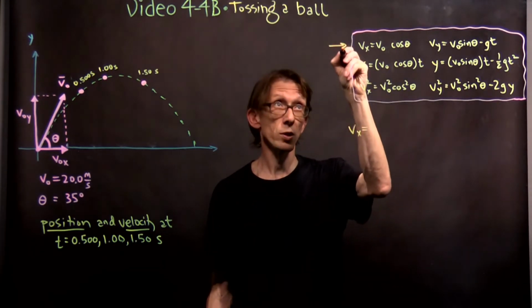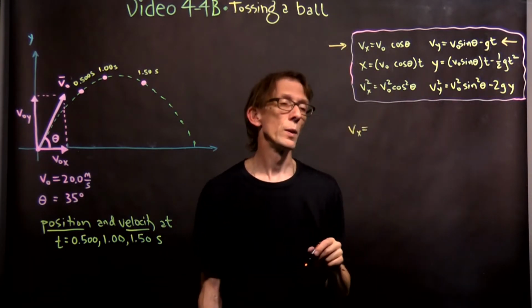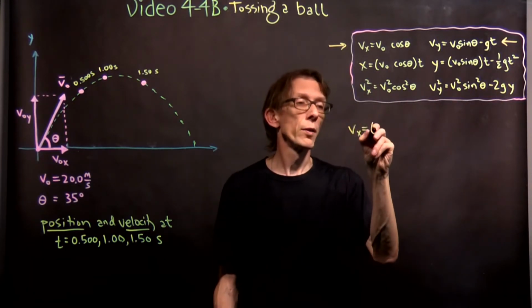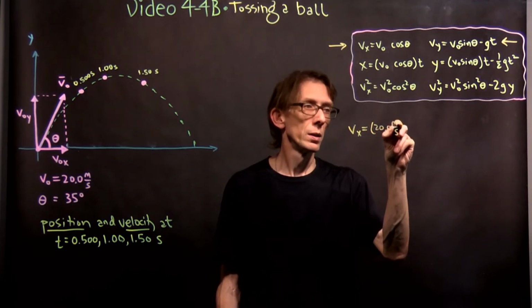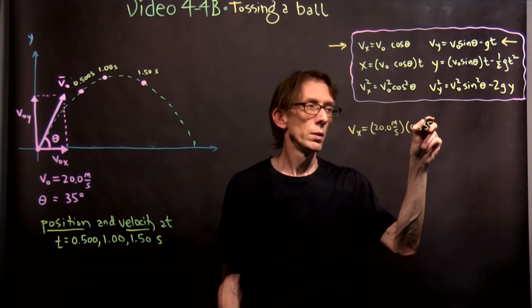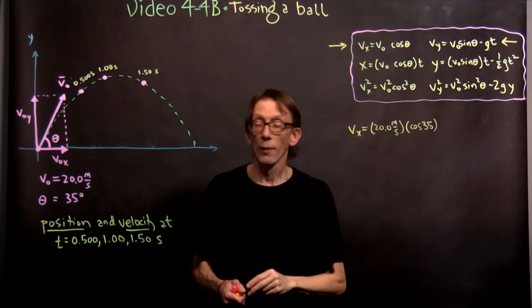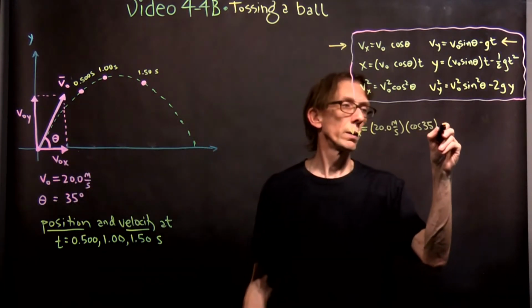We're using these equations right here for Vx and Vy. So Vx we're going to have 20.0 meters per second times cosine of 35. And when you do that, you get 16.4 meters per second.